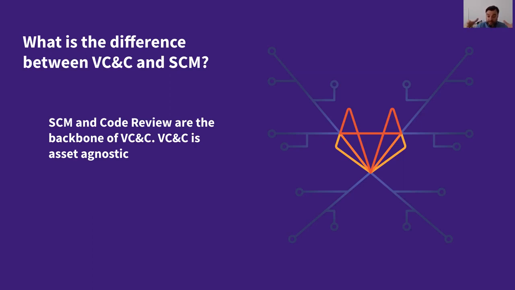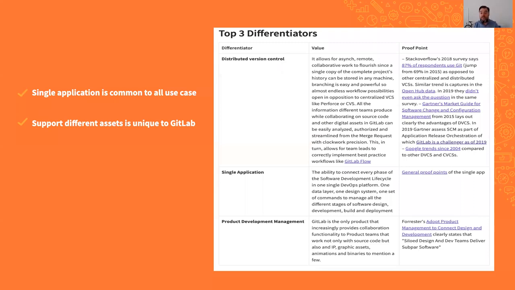But one of the reasons to name this use case version control and collaboration was to keep it agnostic of the asset, regardless of how important source code management is. And source code is, which is undeniable, important not only in this use case, but throughout the software development lifecycle. It is true that at the point in which software is created, which is the space that this use case covers, other assets are also important, especially in the case of GitLab, because one of the three top differentiators listed in the resource page in the handbook of this use case is unique to GitLab, and it's the fact that it can manage other types of assets.